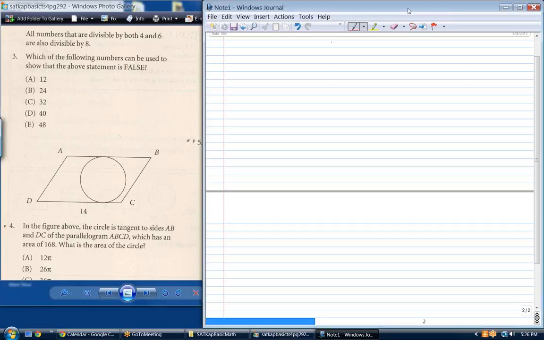One way to do it is to just go through every one, and that's the only way to do this one: back solve it. Just check which one disproves the statement. Well, the first one we see, 12 divided by 8, doesn't even work. It's 1.5.